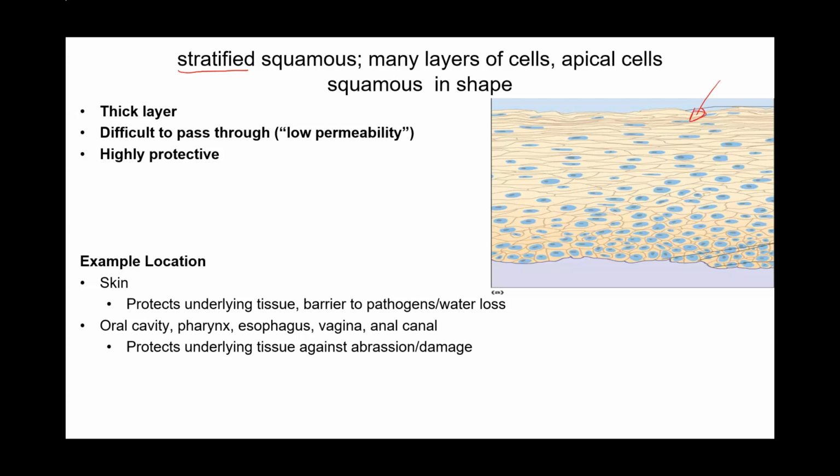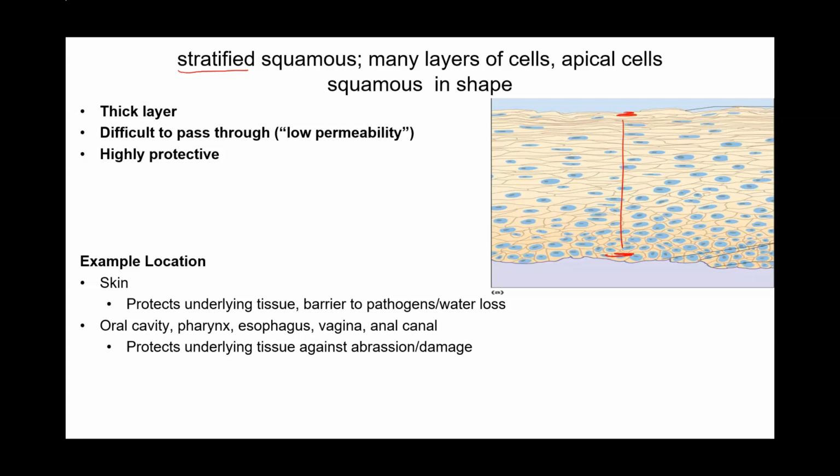And because the cells on the apical layers are squamous, this is called stratified squamous. Stratified squamous tissue creates a thick layer that is difficult to pass through. It has low permeability.